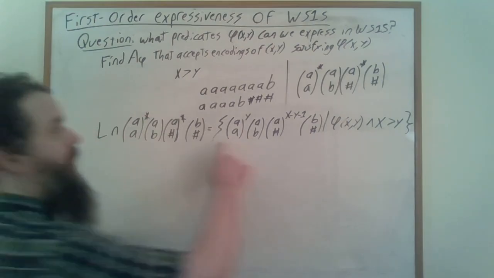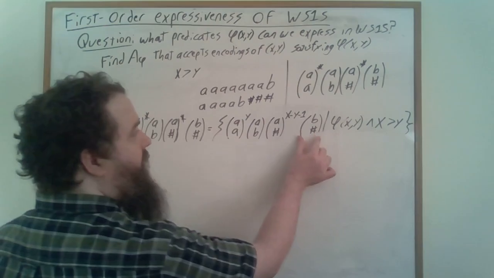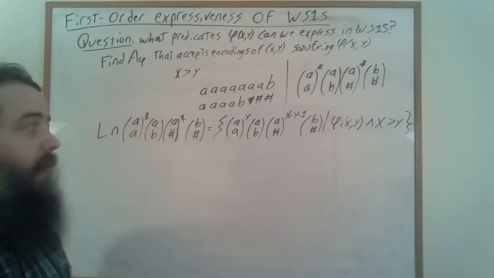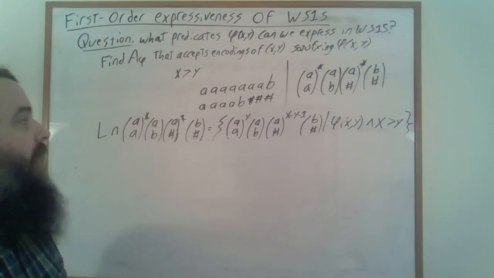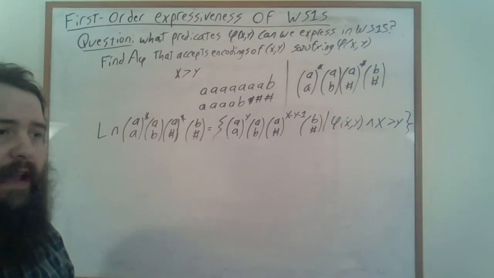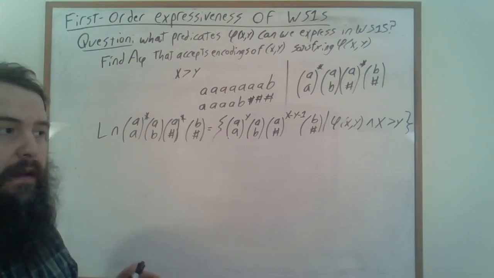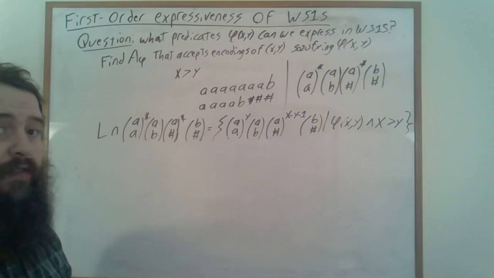Since in this language, this character and this character only appear exactly once in every word, they actually can't be inside any Kleene stars, anywhere inside a Kleene star within the expression, because that opens up the possibility of that character showing up more than once.